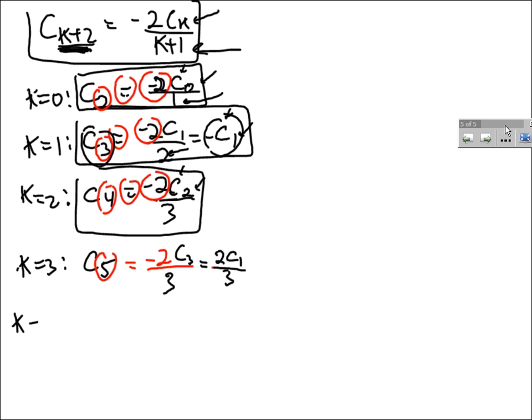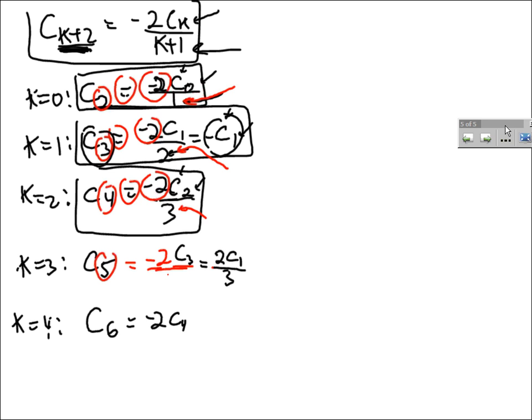Now, when K is 4, you're going to have C6 equals -2 C4. Now, of course, we have a little typo here. Try to be slick. We're dividing by 1, and then 2, and then 3. I don't see why here we shouldn't divide by 4.